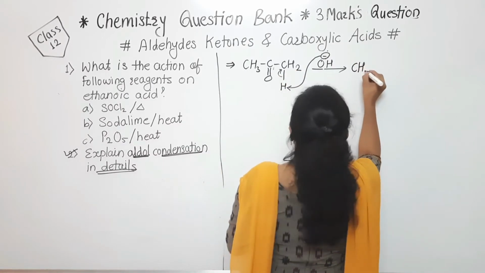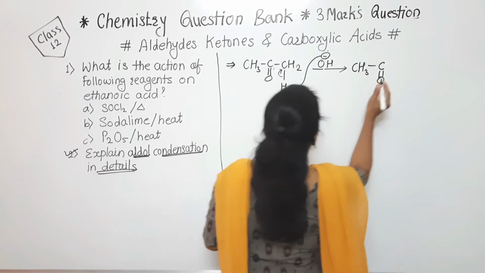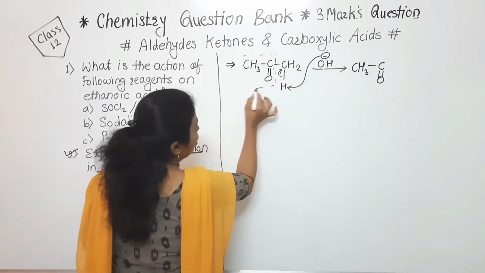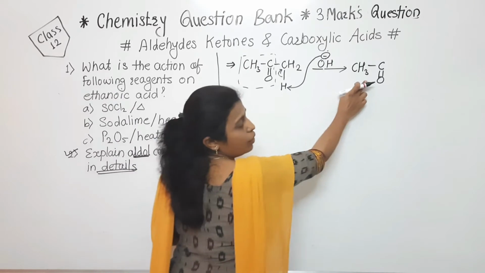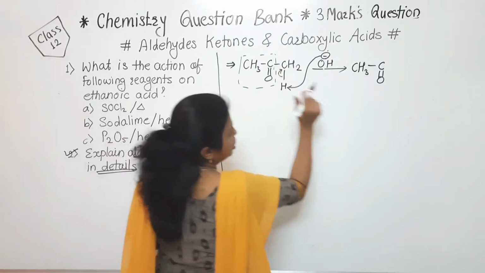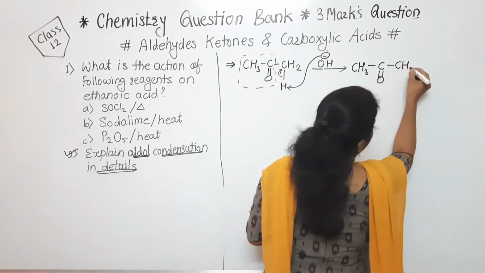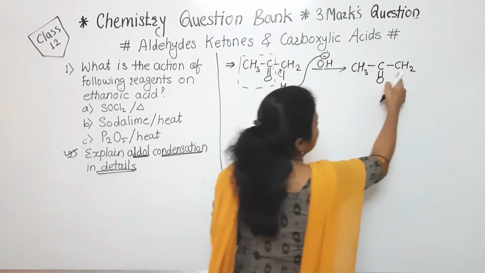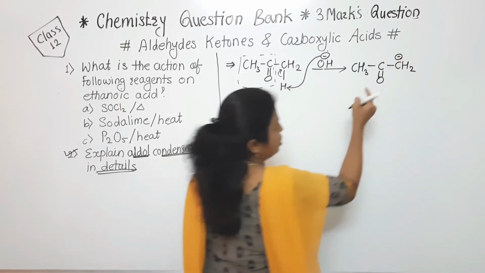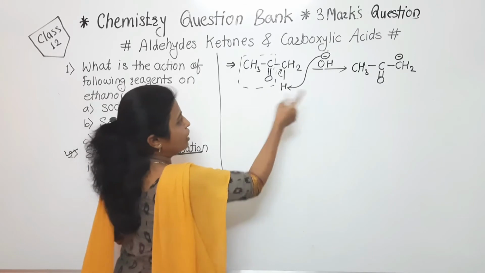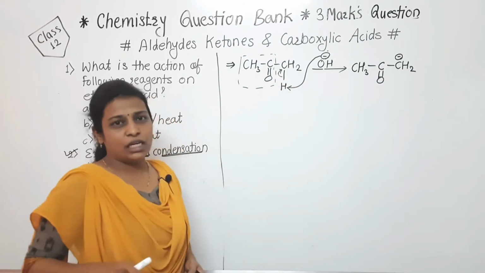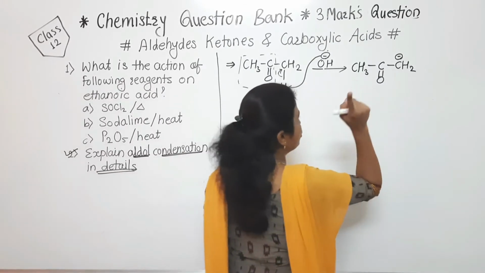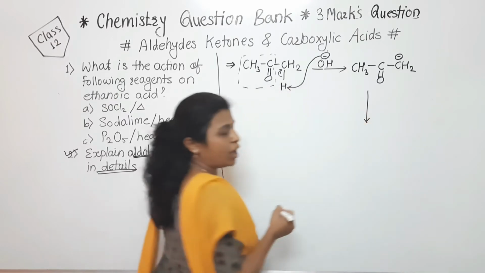See, CH3 C=O, this part is not involved in this reaction, so we write it as it is. Now what is the change? Here instead of CH3, it will carry CH2 with a negative charge. So here we have converted that ketone into the nucleophile. Now here the first molecule of acetone we have used.